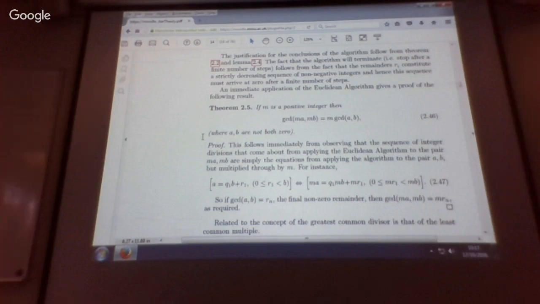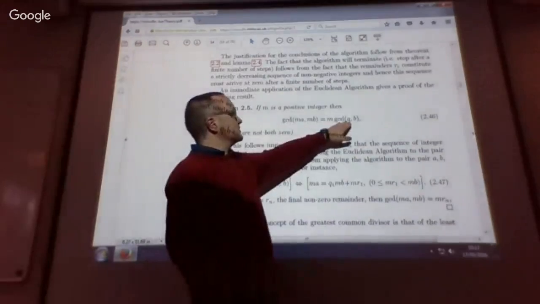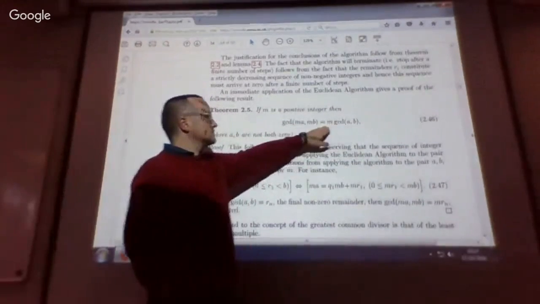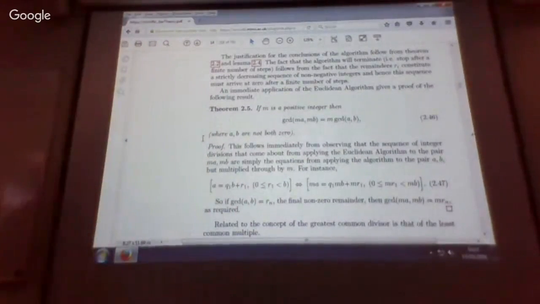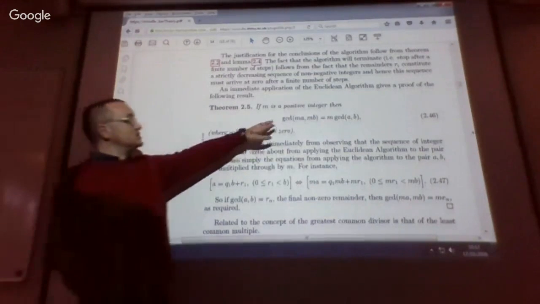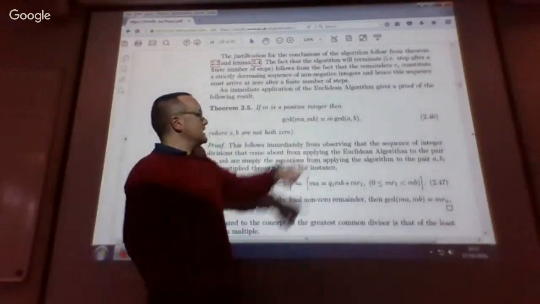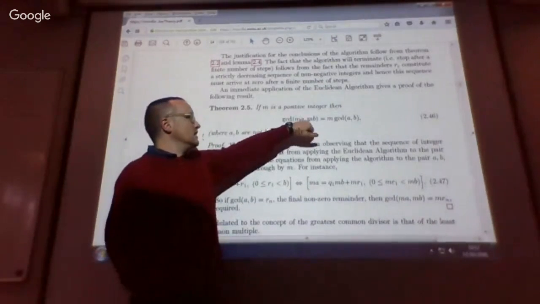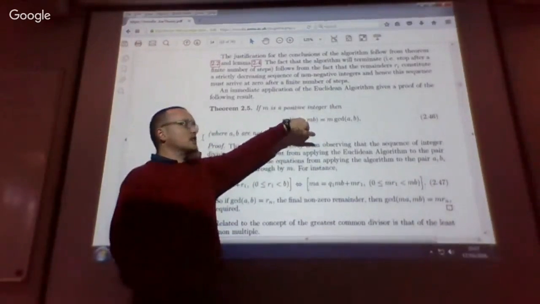We get this nice result, which we can also get just by carefully considering the operation of the algorithm. So this is a result which tells us something about how the greatest common divisor behaves as a function. It says that the GCD of MA and MB, what's going on there is the input pair we're giving it has this common factor already.